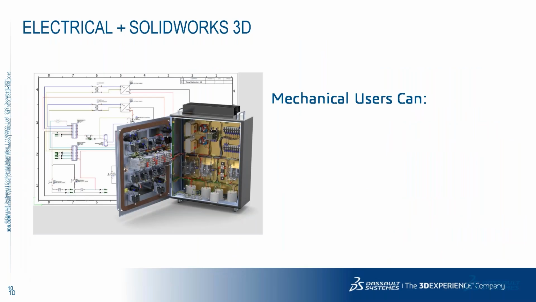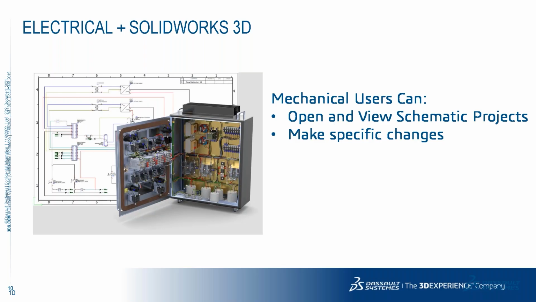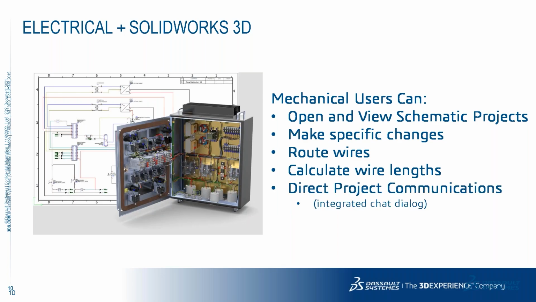If you have mechanical 3D, the mechanical users can open and view a schematic project. You can make specific changes. You can route wires, and you can calculate wire lengths. You can also directly communicate back and forth with each other through an integrated chat dialog.